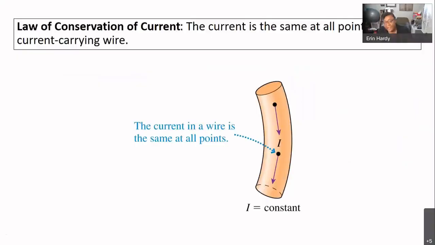I would measure the same current going into this wire segment as I would moving out of the wire segment, and as I would if I subdivided this wire and put the ammeter in between these two wire segments. As long as there's no junction, there's no place for current to split up or rejoin. So that means that the amount of current going into this section of the wire is exactly the same as what's coming out per unit time. It's exactly the same as what's traveling through the interior per unit time.